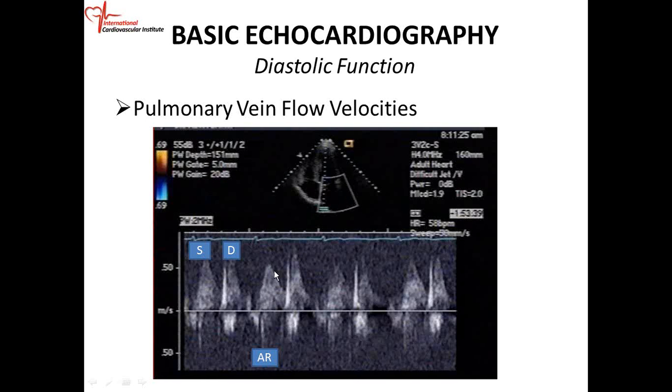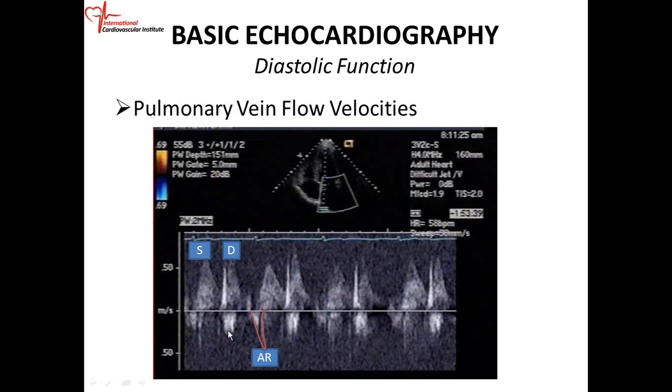So if you're assessing diastolic function or dysfunction in a patient, and the S or the systolic component is much greater than diastolic component, then it's an early stage of diastolic dysfunction. If the systolic component is very, very small compared to the diastolic component, then that's a later stage or a worsening of diastolic function.